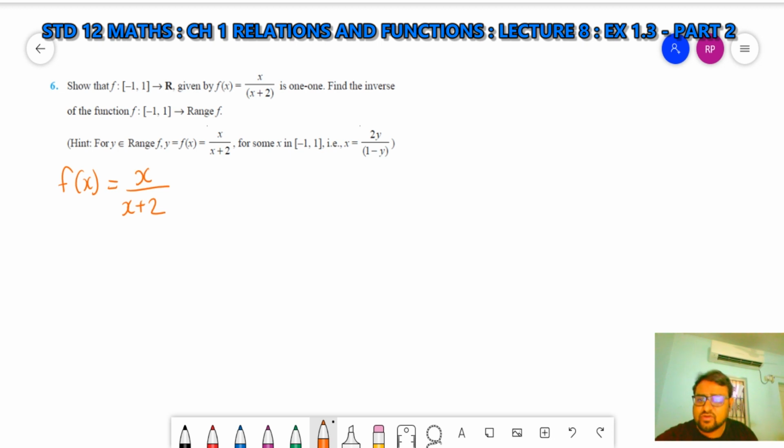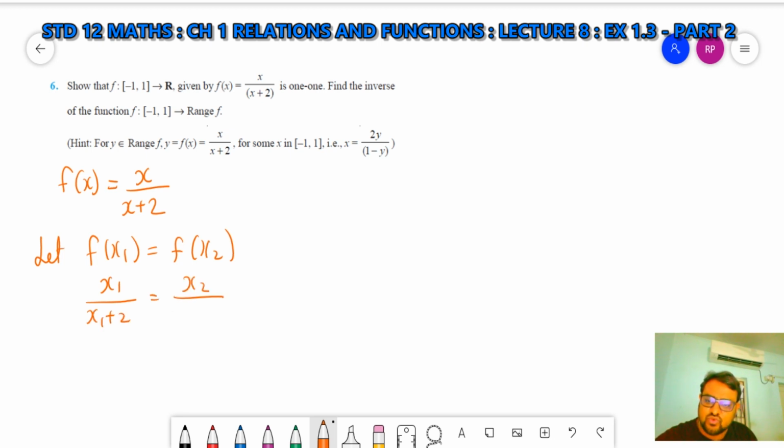So let's see first whether it is one-one or not. For one-one, let f(x1) = f(x2). So that means x1/(x1+2) = x2/(x2+2).